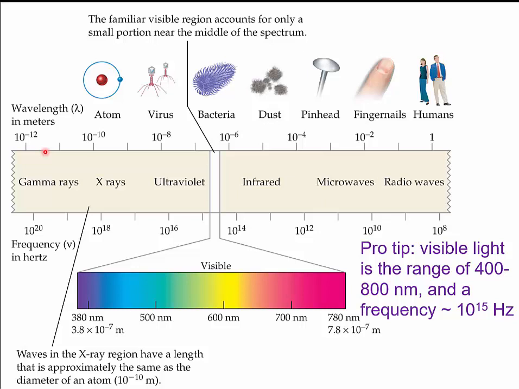So if you see something that's like 10 to the 10th hertz, that's somewhere in the microwave range, or something like 10 to the 18 hertz, that's coming out as an X-ray. That would be a clue that maybe I might have solved a problem wrong. Same thing if you're given a clue that it's going to be visible and you get something that's 100 nanometers, now that's outside your visible range. So kind of know what those parameters are, and that's going to help you out.